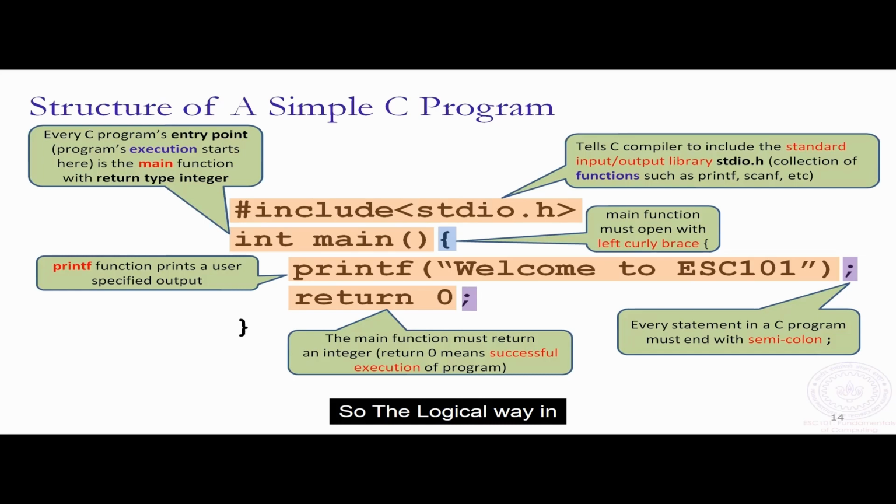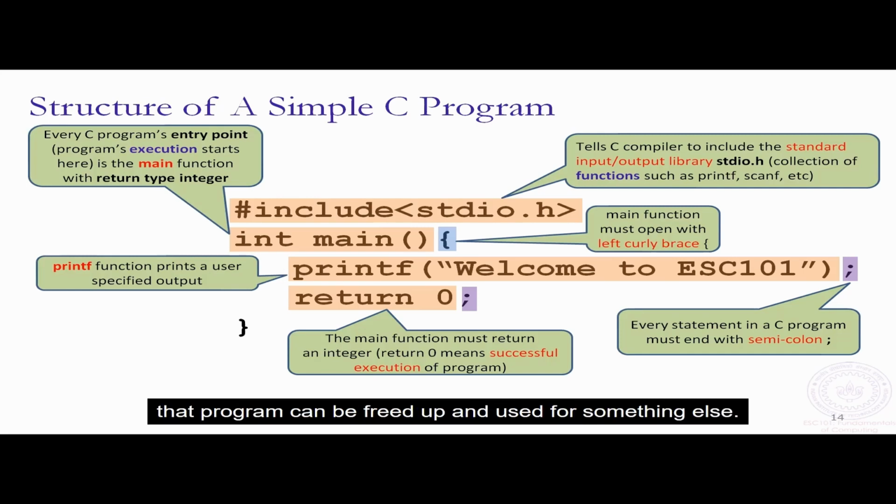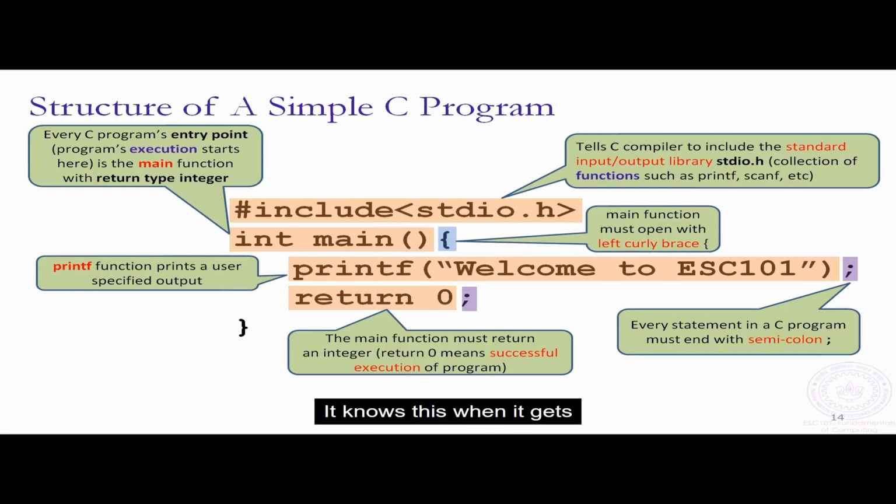So the logical way in which the computer realizes that the program has stopped working, and so for example, the computing or memory resources that it dedicated to that program can be freed up and used for something else, is when it gets a return value from the main function.